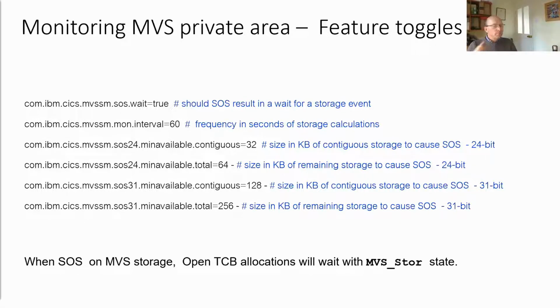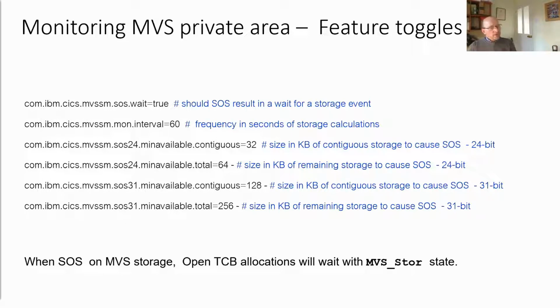which CICS will monitor to make sure that the amount of total and amount of contiguous storage is available before it starts warning you. In addition, once CICS goes into that storage area, we become short on MVS storage.